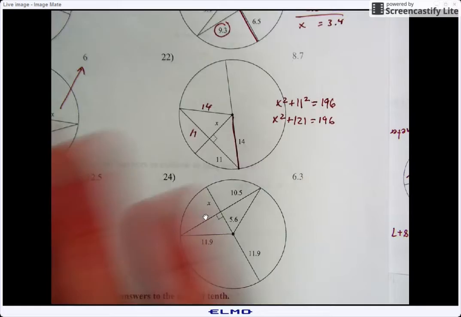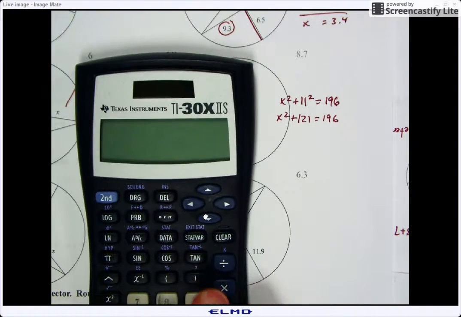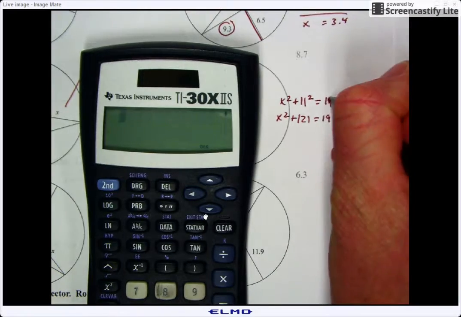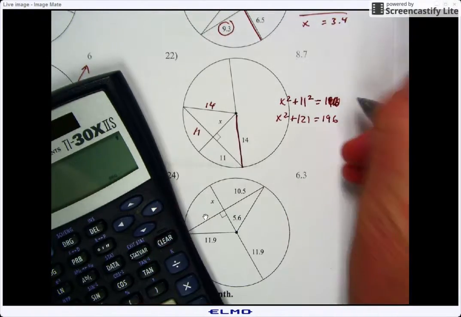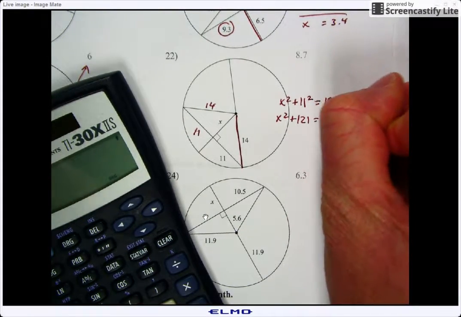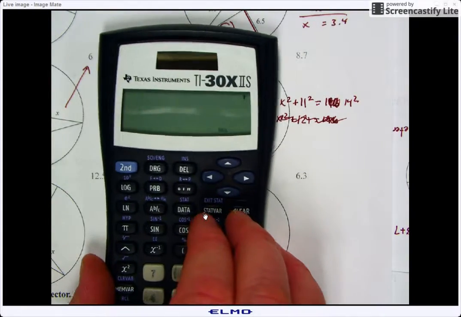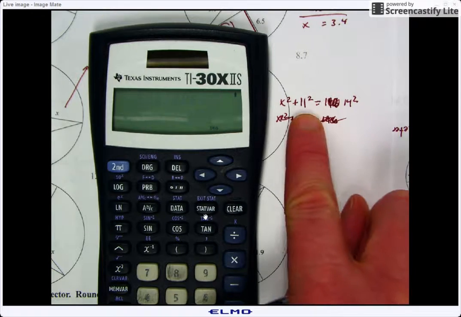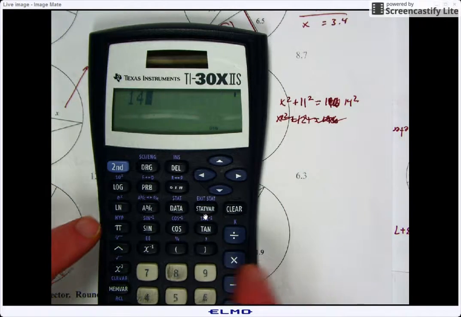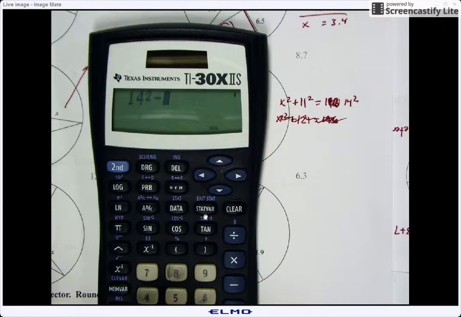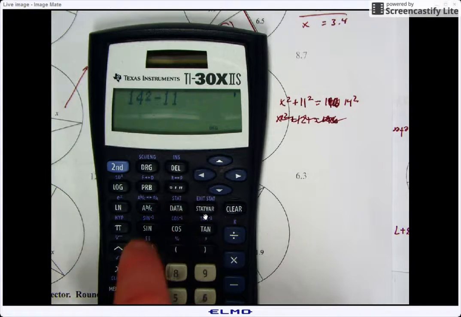So some of you have calculators like this, and you may want to look for a shortcut. If you go back to having this as 14 squared, one way you can do this shortcut is to take 14 and square it, 11 and square it, subtract them. If you show the first step, you can do the second step, 14 squared minus 11 squared.